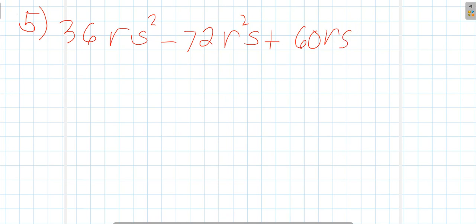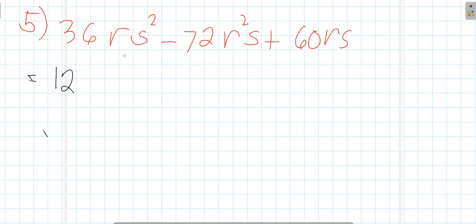So, what is now the GCF between 36, 72, and 60? Okay, so the GCF is equal now to 12. So therefore, if we have now 12, and what else?